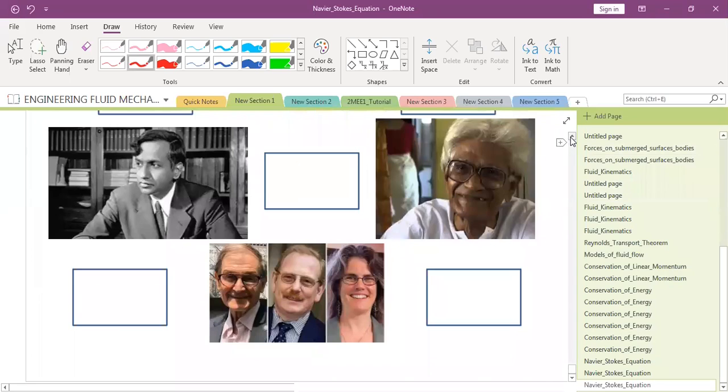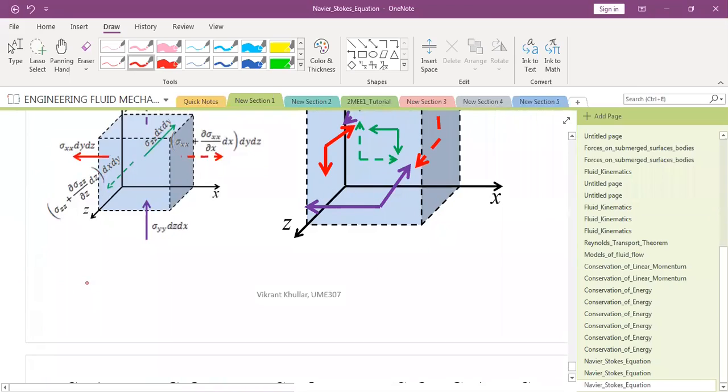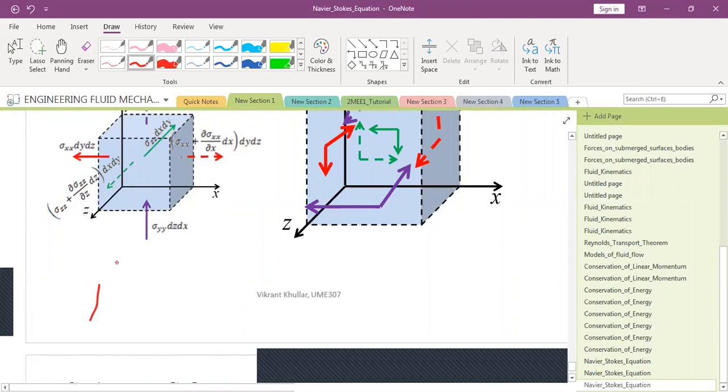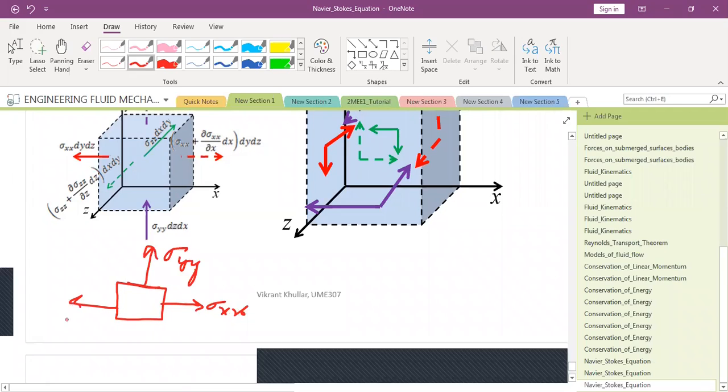Wait for a second. I'm drawing a fluid element here. I draw stresses like this. So this is sigma xx, this is sigma yy, this is again sigma xx, and this is sigma yy.